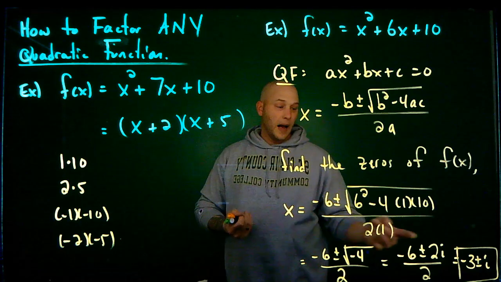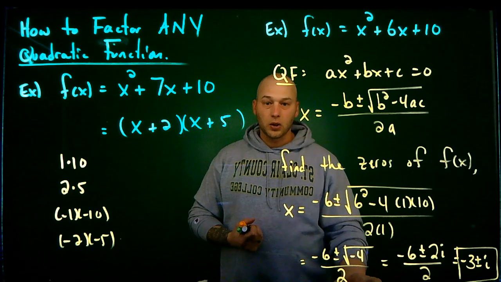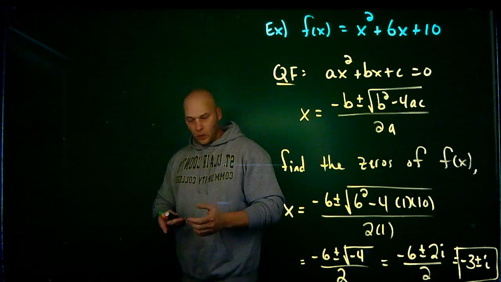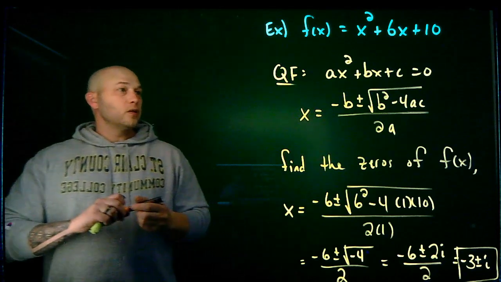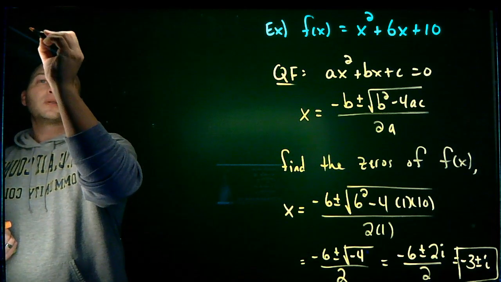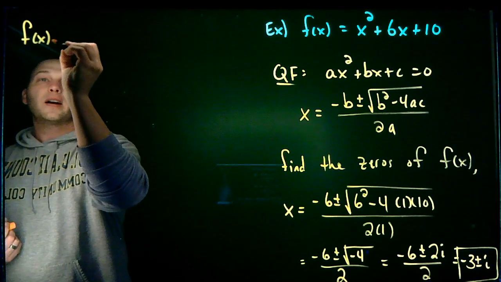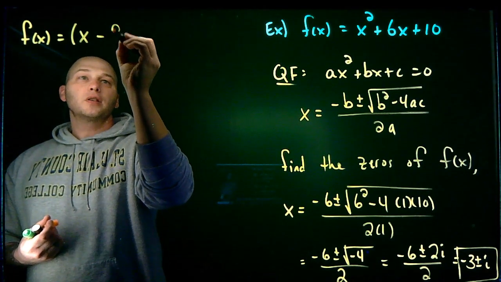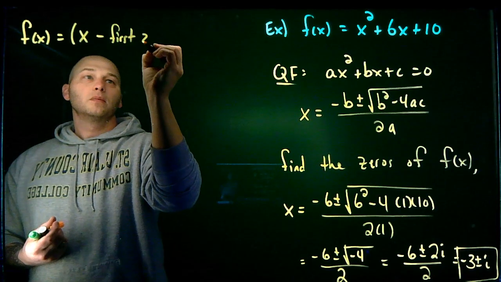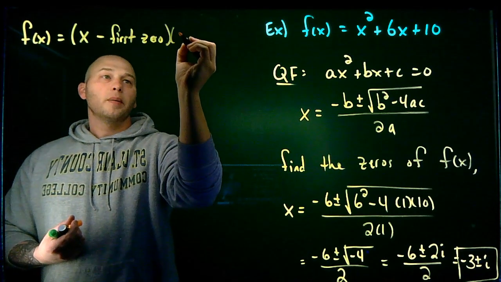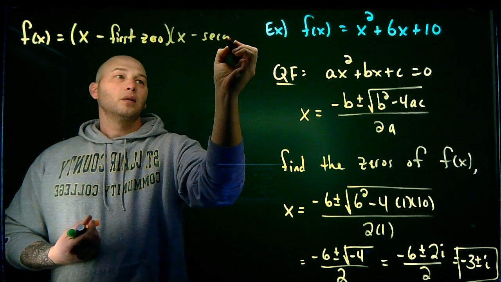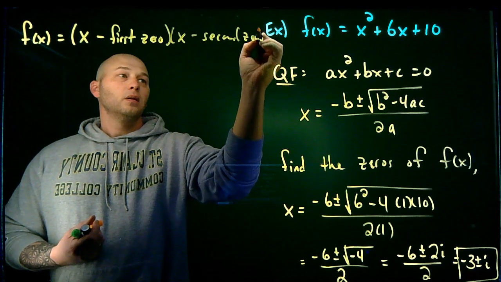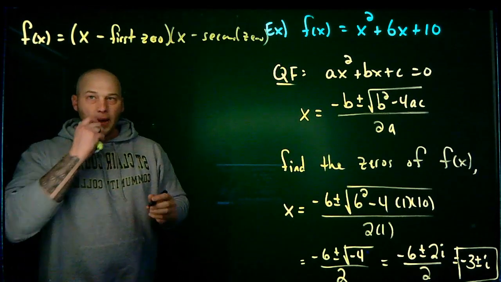Now let me show you how this plays into the factorization. The way this factors is I'm going to write the original function f of x equal to x minus the first zero times x minus the second zero.